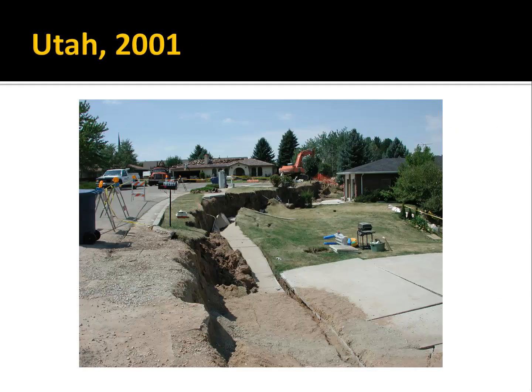I don't have a lot of detail on this one. This is a slide that occurred in 2001 in a subdivision in Utah. Just got really wet soil, and this is at the top or the head of the slope. Obviously, you can see the scarp there.